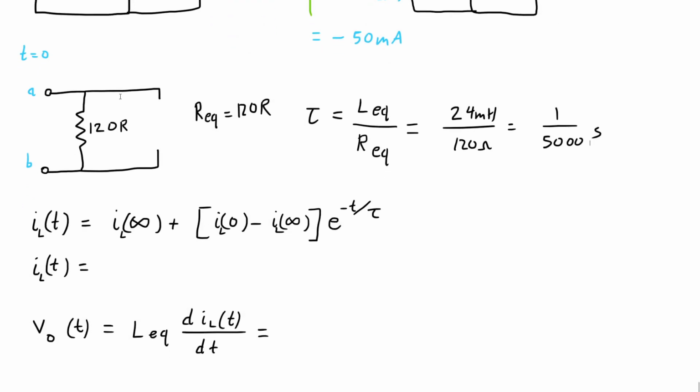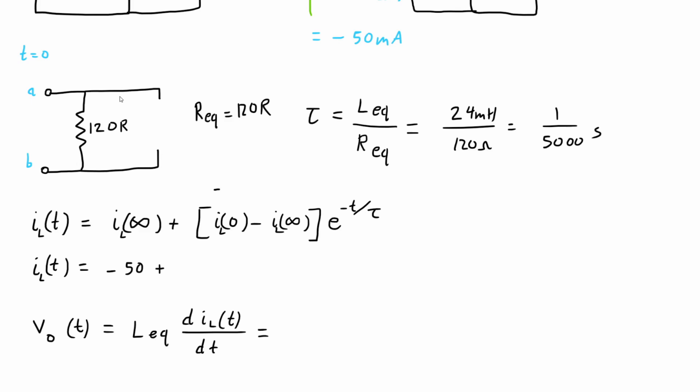So now I'm going to go ahead and put all of this stuff together. To do this, we're going to use IL(infinity), which was minus 50 milliamps, and IL(0), which was 25.